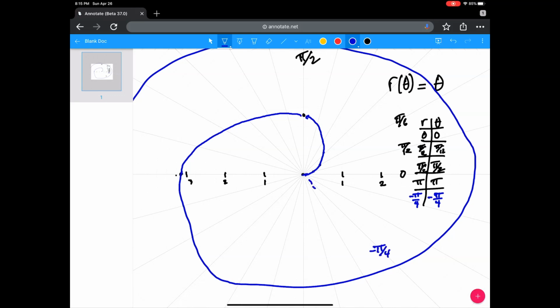Right, here's my place where the angle is negative pi over 4 because I've dropped down 45 degrees. But then instead of plotting a point in that direction, I would be backing up because it's a negative r value. So negative pi over 4 means that I would be backing up.